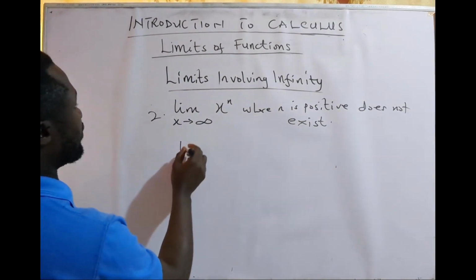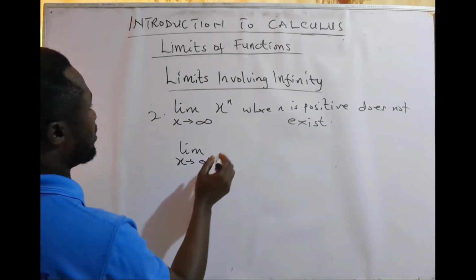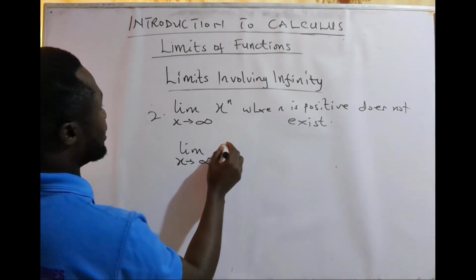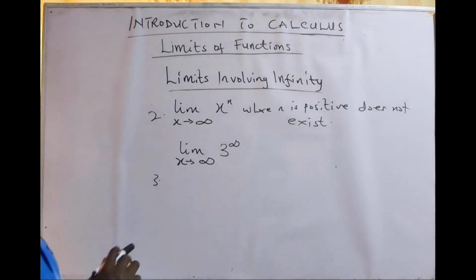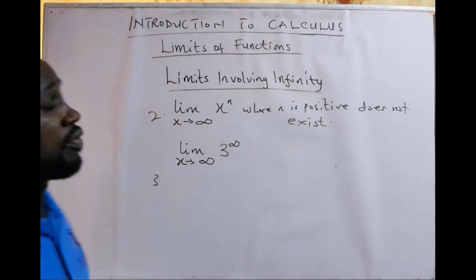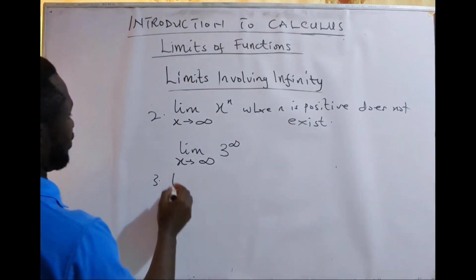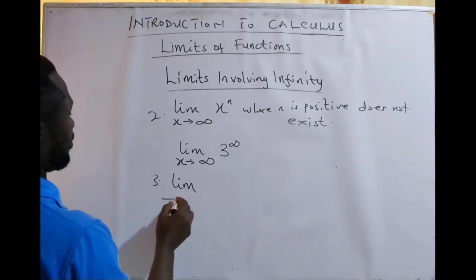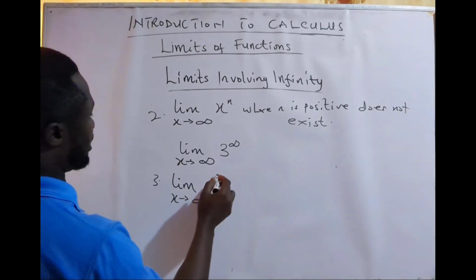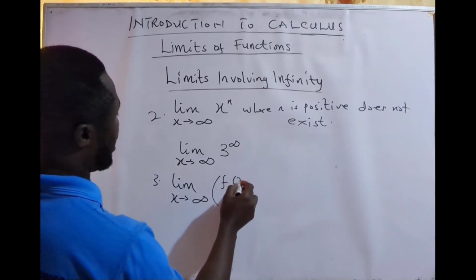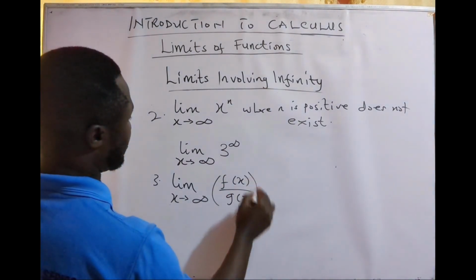We also have something like this, number 3. Let's see the limit of a rational function where x also approaches infinity. Let's take, for instance, the limit as x approaches infinity of my function f of x divided by g of x.